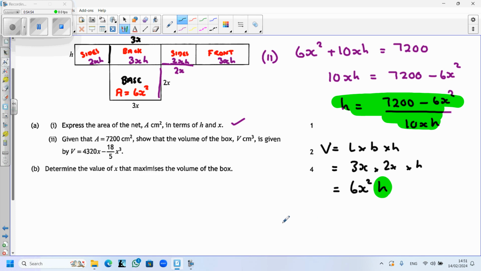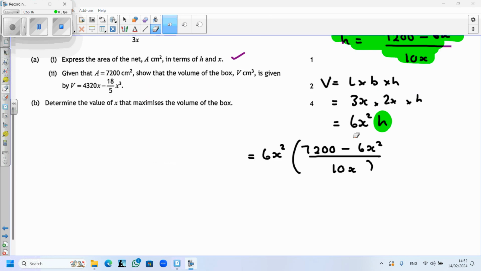Okay, so when I do that, I get 6x squared times 7,200 minus 6x squared, all divided by 10x. There's no h in there, I copied it down. Right, so we've got to multiply all of this out.